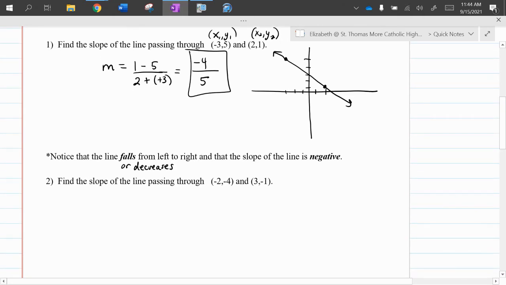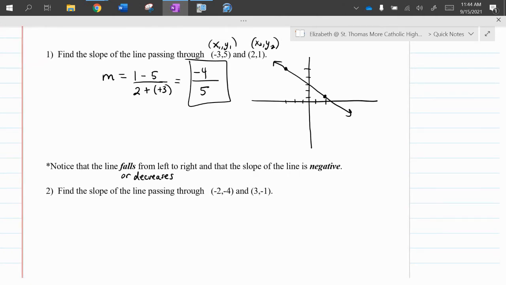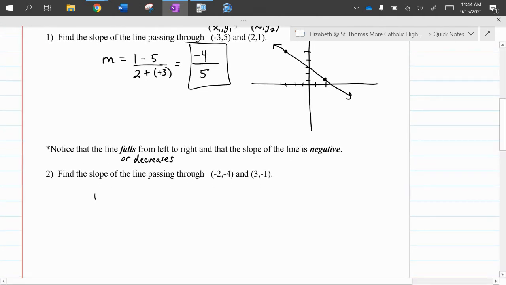Find the slope of the line that passes through negative 2, negative 4, and 3 comma negative 1. So I'm going to use my slope formula. Let's label our points x1, y1, and x2, y2.